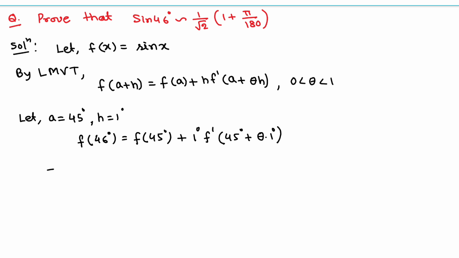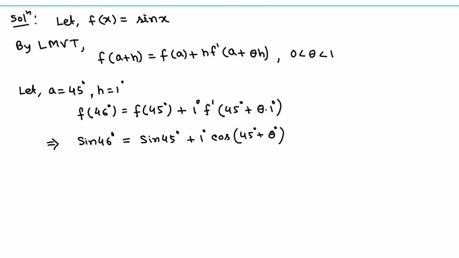Clear? This implies sin 46 degree equals sin 45 degree plus 1 degree into f dash. Since f x equals sin x, f dash will be cos x. So this will be cos of 45 degree plus theta into 1 degree.